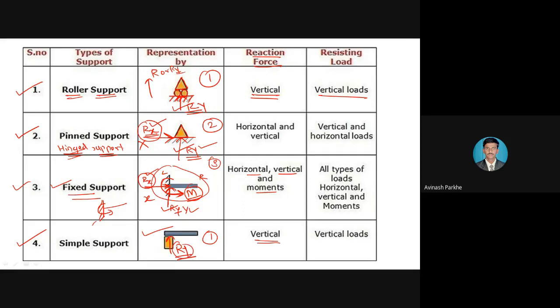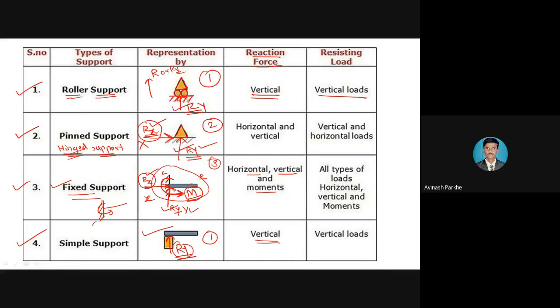That means we are considering only vertical reactions and vertical forces. Otherwise, the effect of horizontal forces, that is Rx, will not be considered in the shear force calculation and the bending moment calculation.